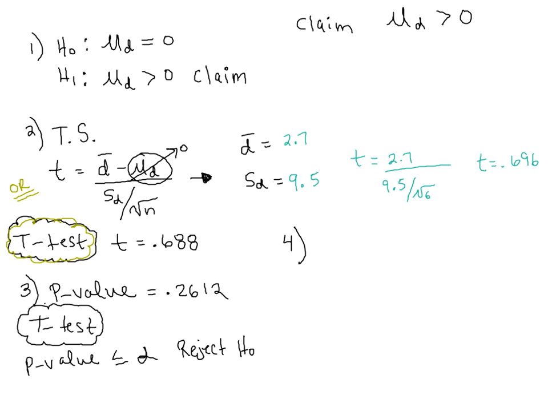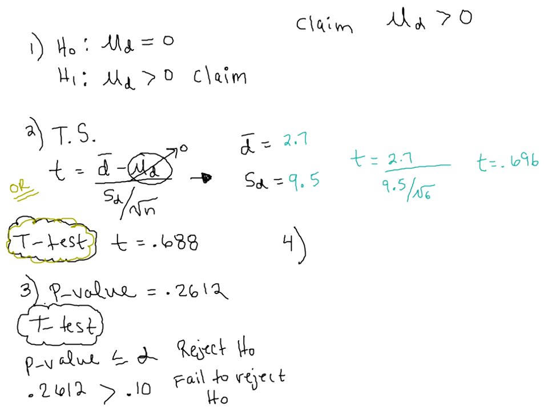Because our p-value is not less than alpha, which was 0.1. 0.2612 is greater than alpha, which is 0.10. So yes, fail to reject. Fail to reject.